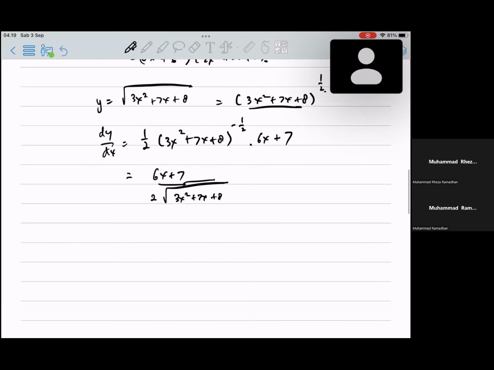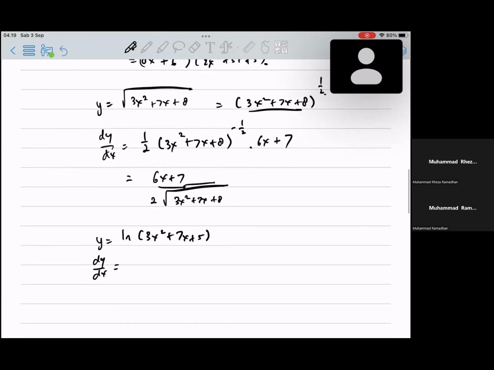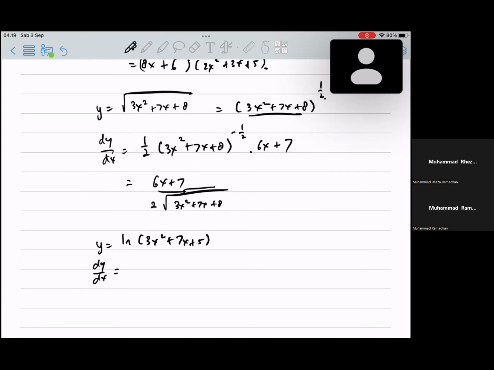And then if you have y is equal to ln 3x squared plus 7x plus 5, remember that if you have y is ln x, dy over dx is 1 over x.